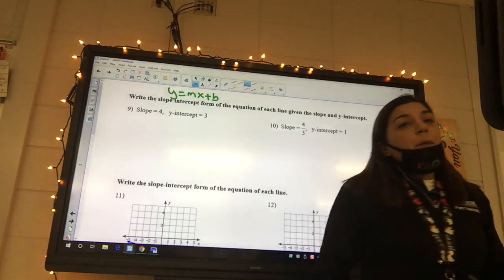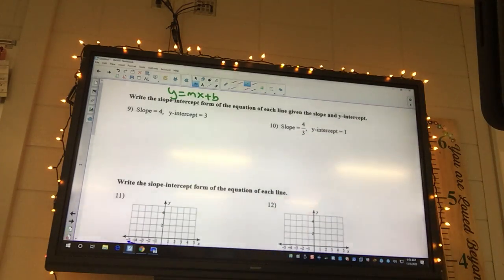Now, I'm not trying to sound like a jerk, but how are you supposed to answer this question if you don't know what it's asking you to do? You can read, but if you don't know the formula, then you don't know what the question is asking you. So you almost have to have the formulas memorized, the actual name, slope-intercept form, and the actual formula, in order to be successful.